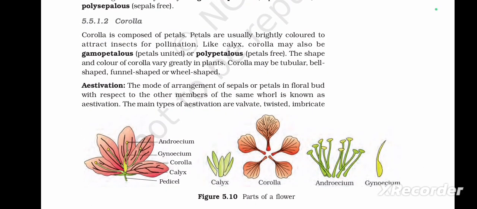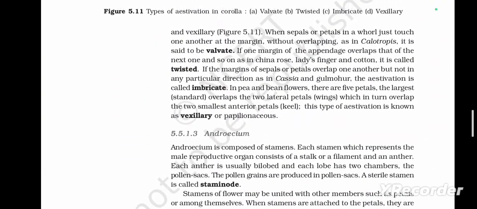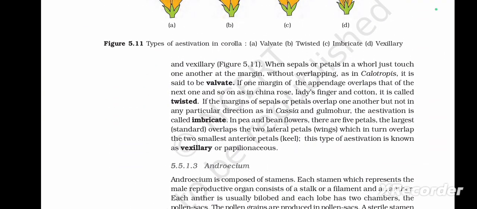Estivation. The mode of arrangement of sepals or petals in floral bud with respect to other members of the same whorl is known as estivation. The main types of estivation are valvate, twisted, imbricate, and vexillary.